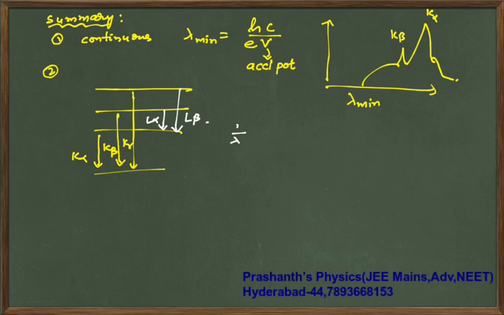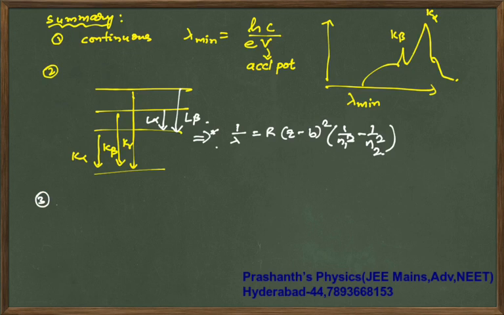Your characteristic wavelength is 1 by lambda equal to R times (Z minus b) whole square times (1 by n1 square minus 1 by n2 square), and from this graph you should be able to substitute the values. This is for characteristic X-rays. Continuous X-rays are mostly theoretical questions; you can tick the answer directly if a question comes.